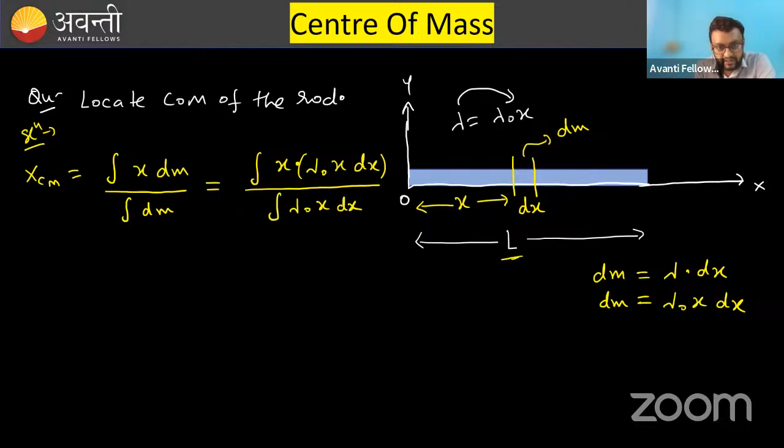If I take lambda naught out from both the integrations, then it will cancel out. Now someone may ask, sir, x will also get cancelled, this dx will also get cancelled, then nothing will be left.